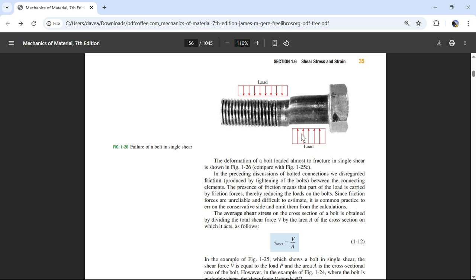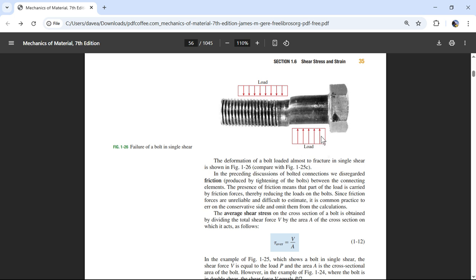I'm going to have our load be 100. So we have 100 newtons and 100 newtons, and we have a square bolt that has dimensions 10 millimeters by 10 millimeters. So I'm going to take a small little box that's going to be 1 millimeter by 1 millimeter, and it's going to be in the center.